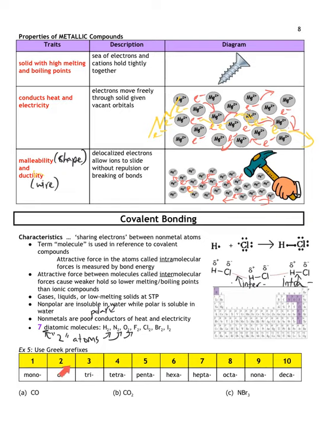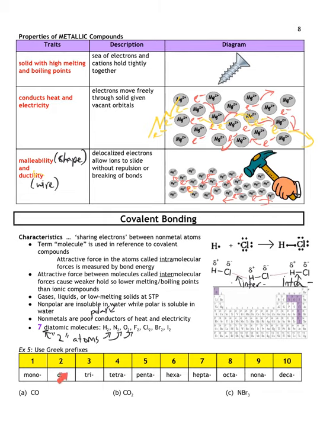In naming covalent compounds, you have to use these Greek prefixes. You have to know them, you have to be very familiar with them. Many of them you do know, like penta means 5, octa means 8. Di means 2. Tri means 3. Tetra is 4.